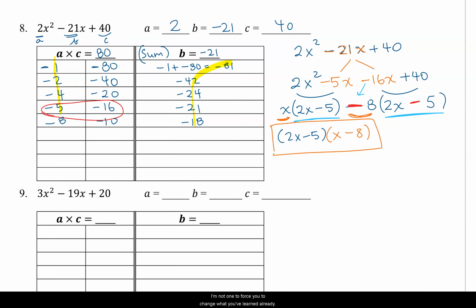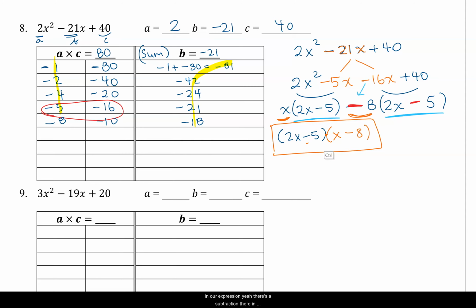I'm not one to force you to change what you've learned already, but I do want to make sure that what you learned is correct and it's going to help you as you work to solve these problems, to factor these trinomials. So make sure in the end, when you multiply it back out, you end up with the problem you started, and that your problem is fully factored, meaning we only have multiplication as the main operation in our expression.